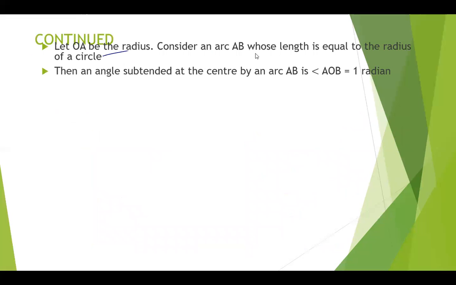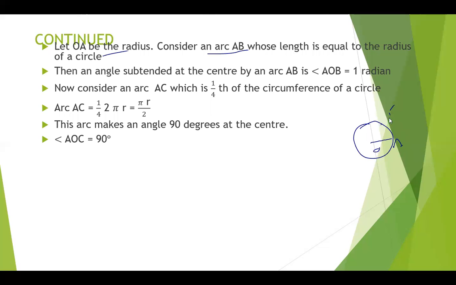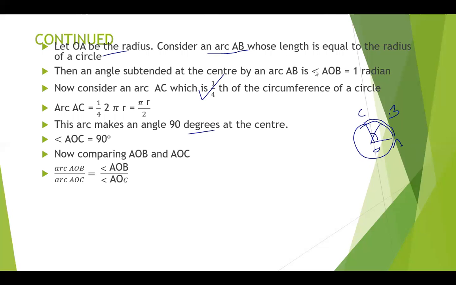Consider an arc AB whose length is equal to the radius of the circle. The angle subtended at the center is 1 radian. Then you choose an arc AC such that it is 1/4 of the circumference of the circle. Then the angle formed by this is 90 degrees. Now we compare these two parts.